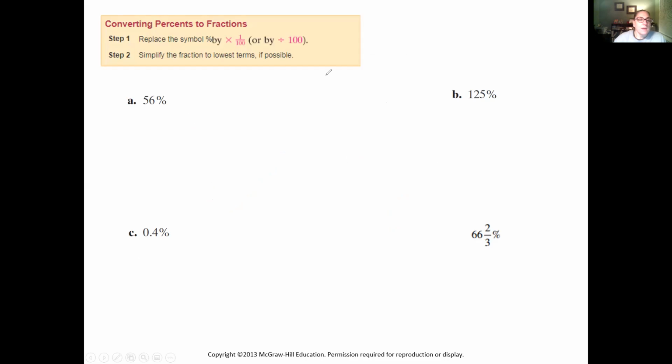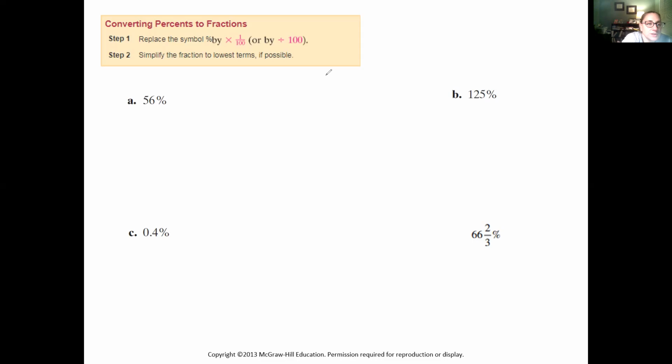So to convert a percent to a fraction, there's a couple things you can do. It says replace the percent symbol by 1 over 100. And why it's 1 over 100 is because, like I showed you, a percent is always out of 100. So that's where the 100 comes from.